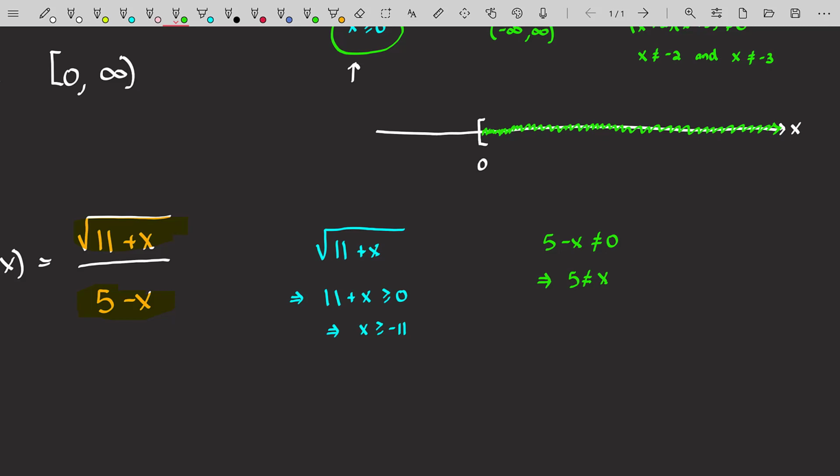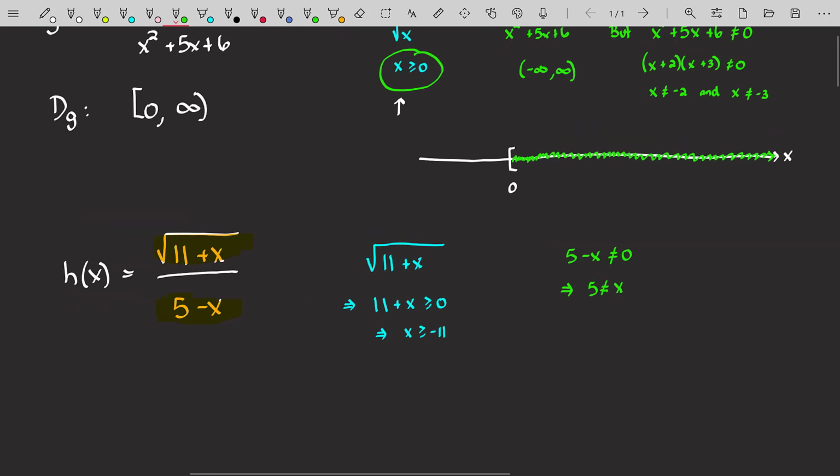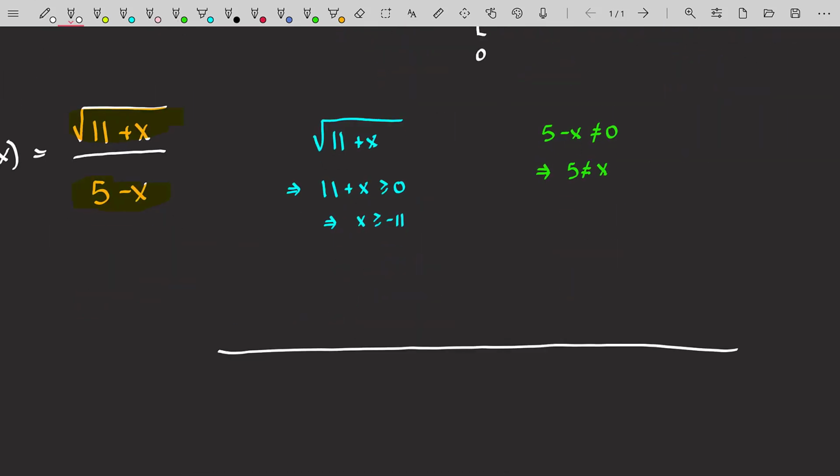Now, drawing a number line for this quotient of functions, the first condition tells us that I'm going to consider all x values greater than or equal to negative 11. So I start highlighting to the right of negative 11. Of course, the bracket means I'm including that negative 11. And then the green ink tells me I cannot possibly include x equals 5.